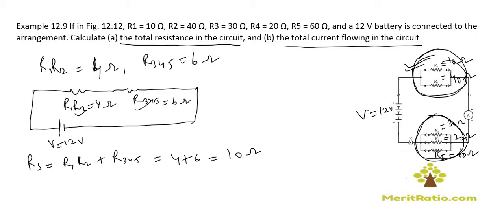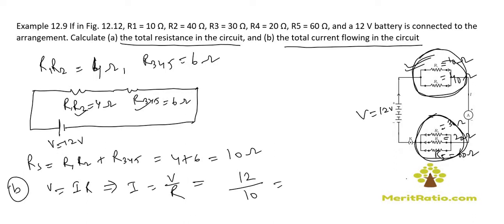We are also required to find in our second question the total current in the circuit. V is equal to IR, from Ohm's law. So we can write I is equal to V upon R. The value of V is given 12 and the value of R is the equivalent resistance we have just obtained. This has become 1.2 ampere.